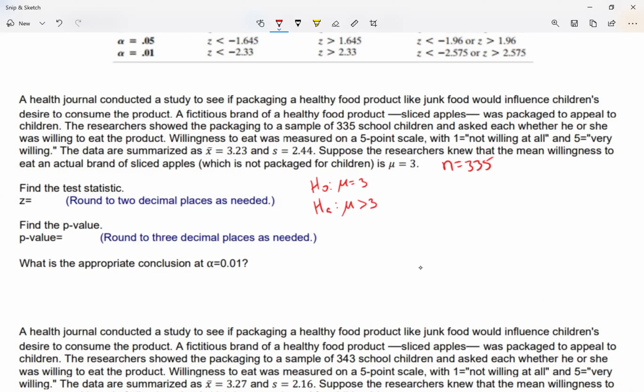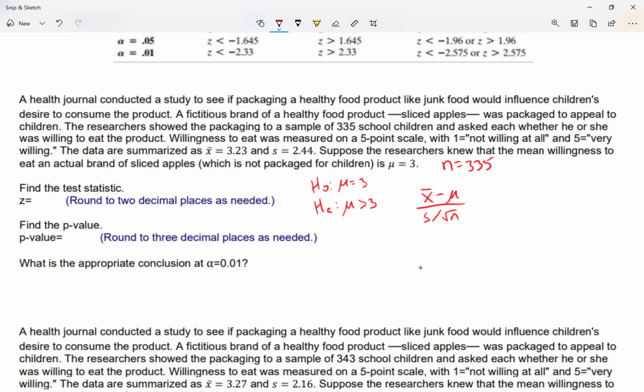Okay, so now we're going to find our test statistic. Remember the formula that I gave you yesterday? My test statistic is X crossbar minus mu, all of this divided by the standard deviation divided by the square root of n. Remember that one? I gave you that yesterday.